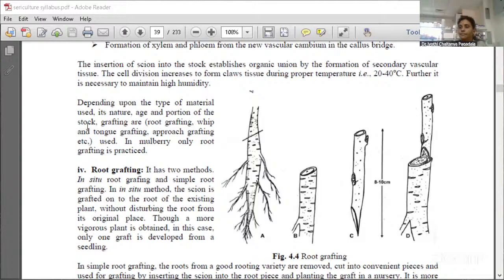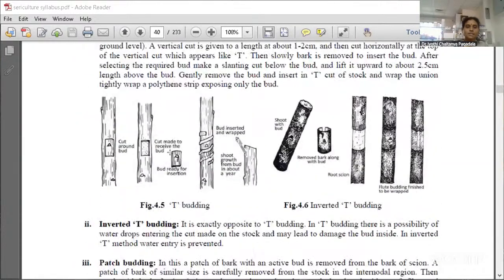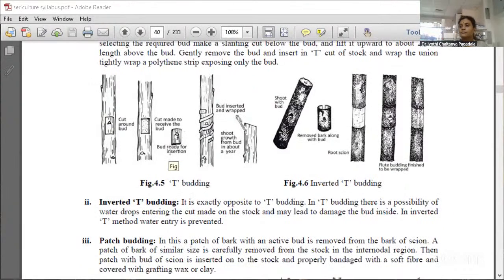What is T budding? Check this picture for T budding. Here you can see figure 4.5 for T budding. It indicates a cut given on the stalk.